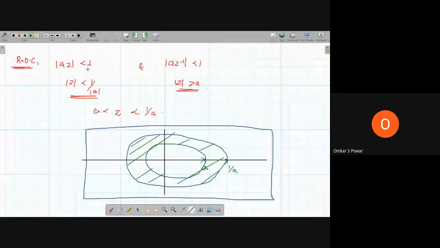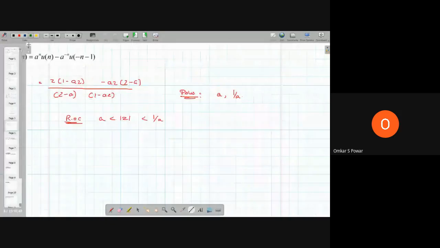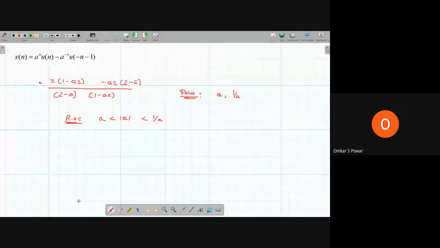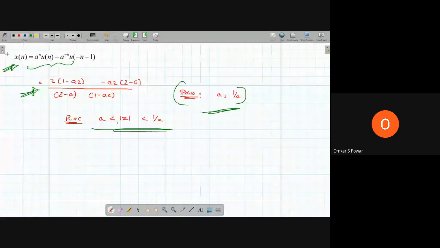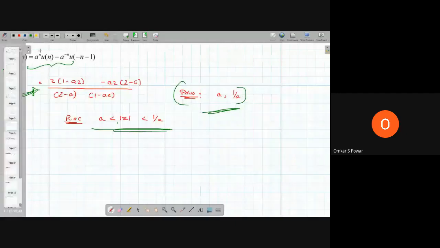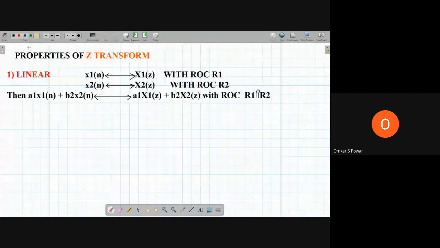So same steps. Again, based on the same approach, you solve this problem. So this should be your answer, and the poles again are the same. Okay, ROC and poles.